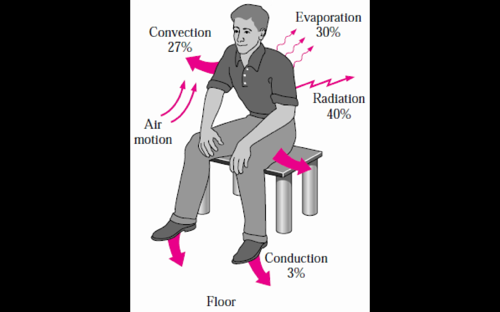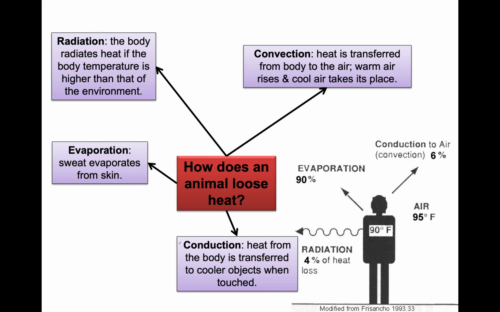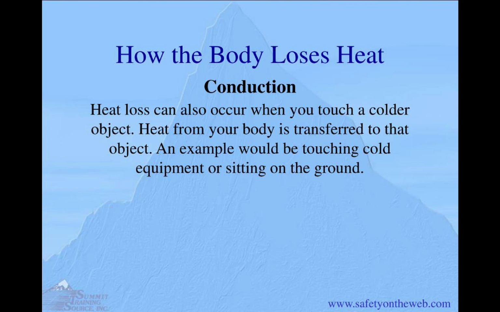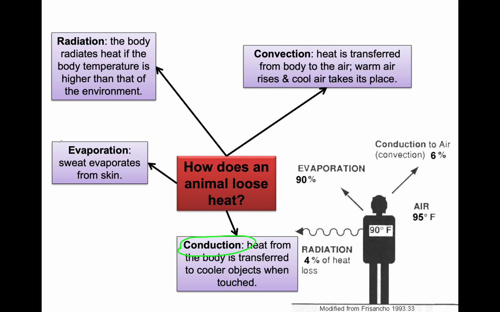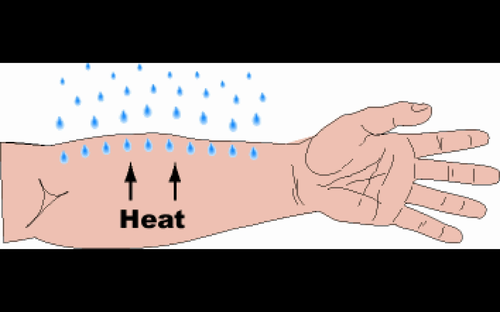Let's quickly take a look at ways in which the body loses heat. The body can lose heat through conduction, right? When heat from the body is transferred to cooler objects when touched, right? The body loses heat through evaporation, when sweat starts to evaporate from your skin, cooling it down.